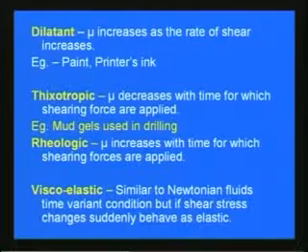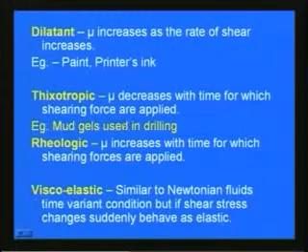And if mu increases as the rate of shear increases, that kind of fluid is called a dilatant fluid, for example paint or printer's ink. In the case of fluids in which mu decreases with the time for which the shearing is applied, that kind of fluid is called a thixotropic fluid.